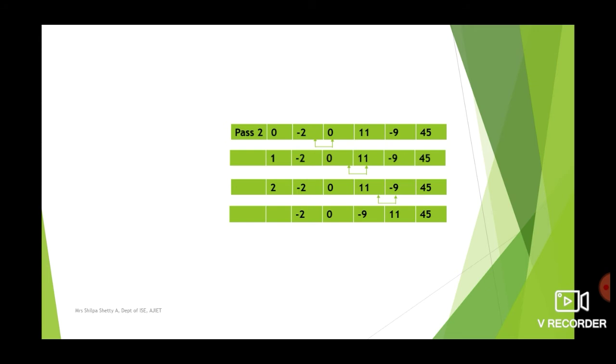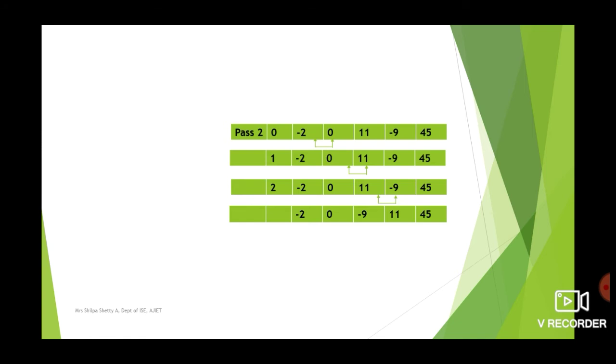That was the last comparison of this particular pass, because you know that 45 is the largest element. It is already placed in the last position, so we don't have to compare 45 again.